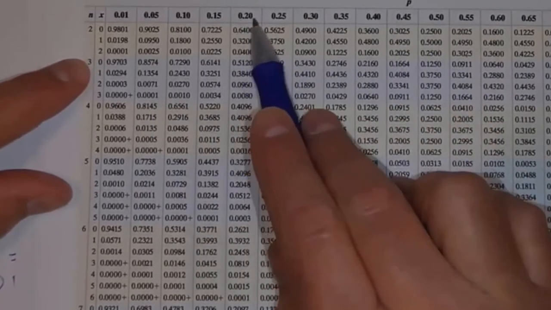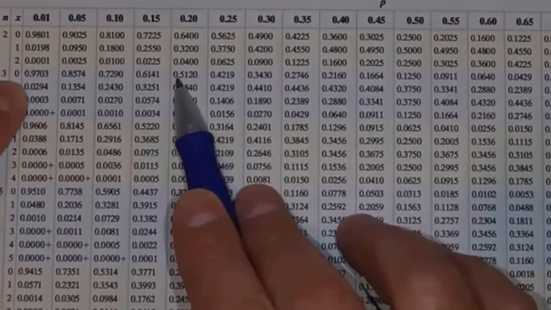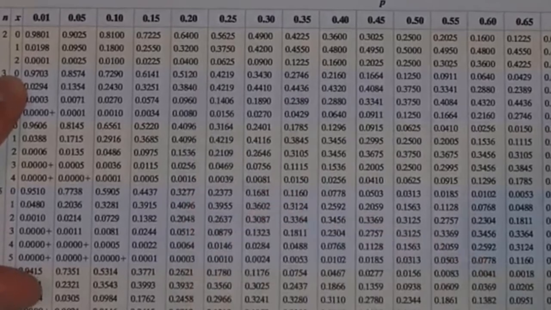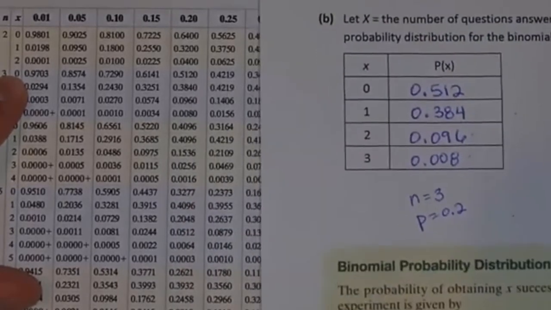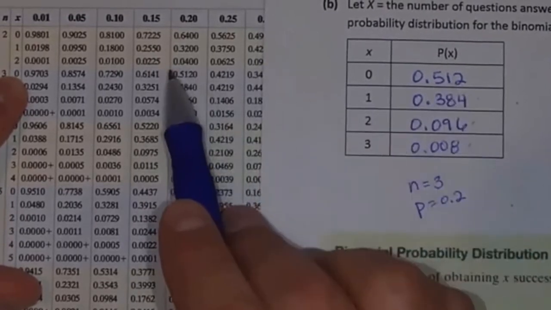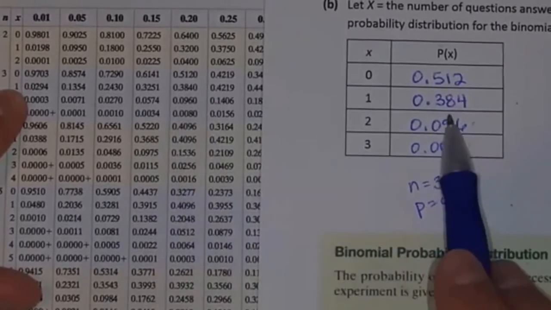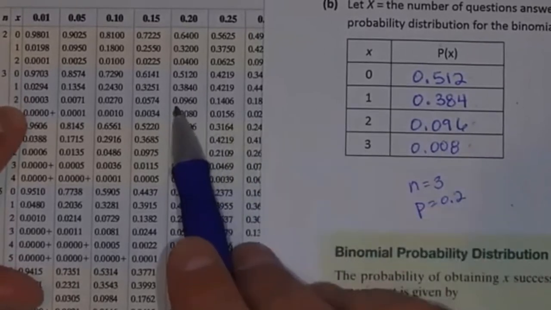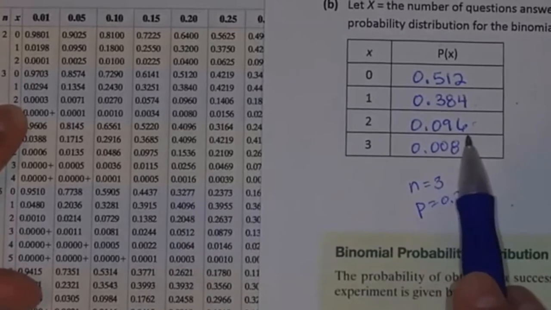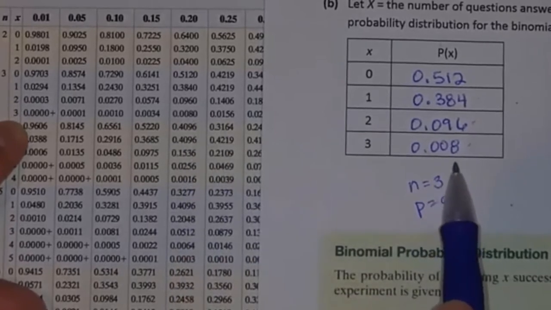So if my probability of success is 0.20, then if I come down to here, where x equals 0, the probability of 0 successes is 0.512, which is the exact same thing we calculated here. And the probability of 1 success is 0.3840, which is what we calculated, 0.384. And the probability of 2 successes is 0.0960, and 0.096. And the probability of 3 successes is 0.0080, so 0.008.